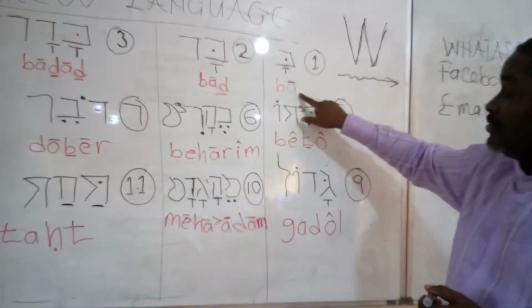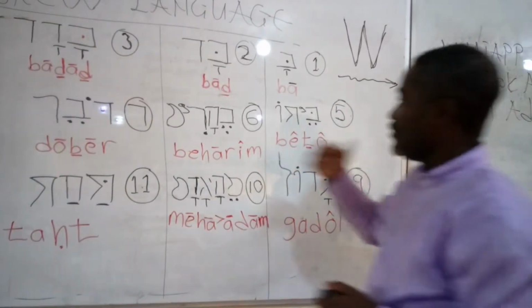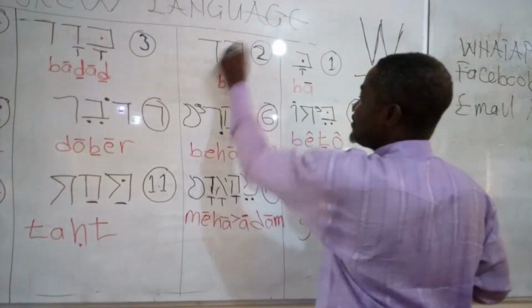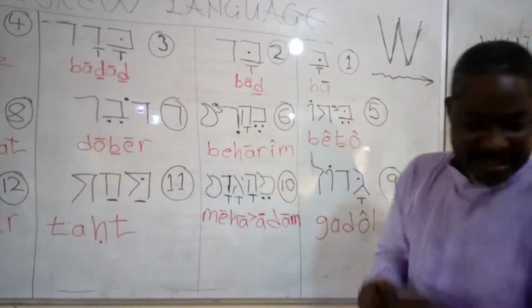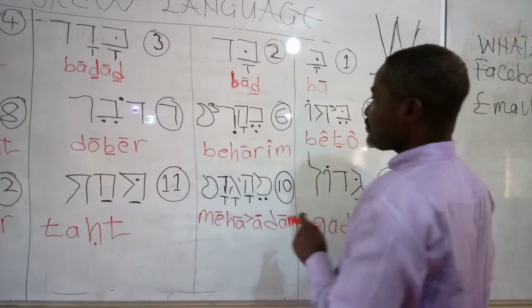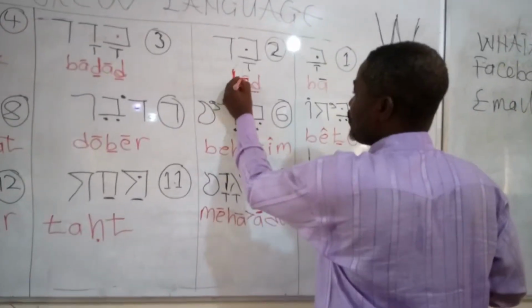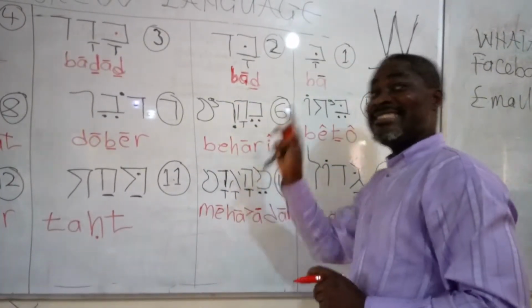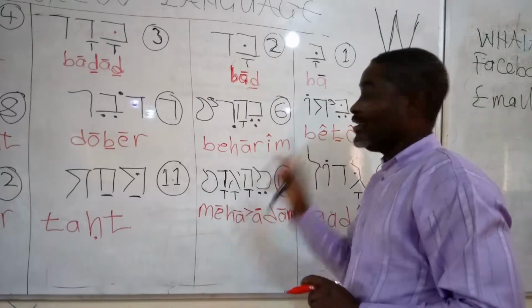So you have ba. Follow, you have bav. Let me take the red pen. Bet is translated B. Then you have a kamets under it, which is an A, with a line on top of it to show that it is a long A, a long vowel.